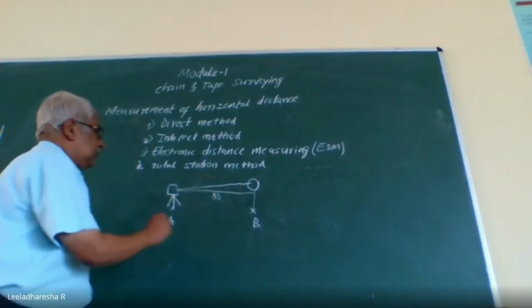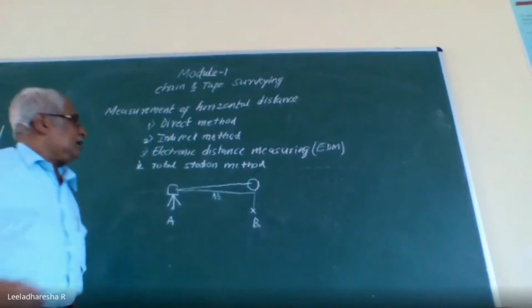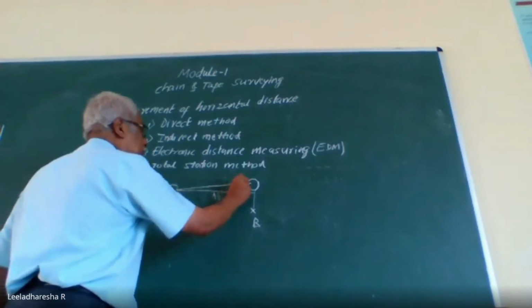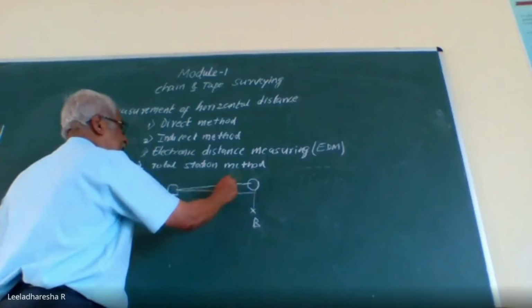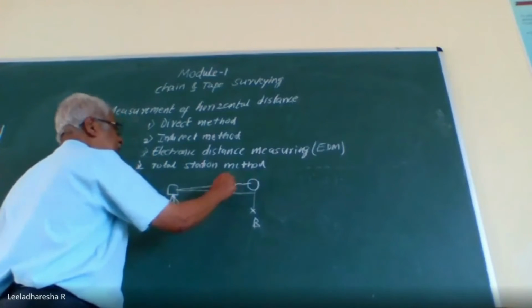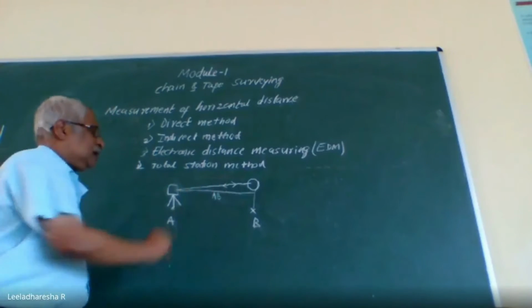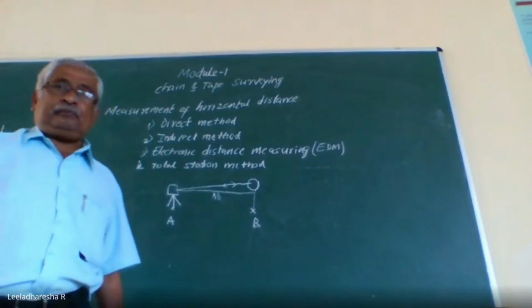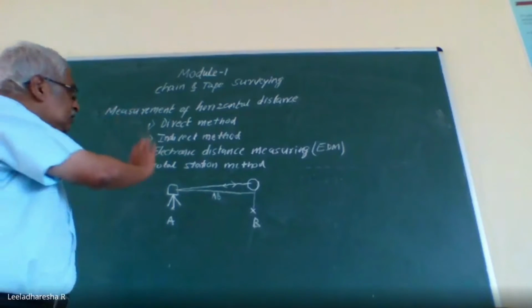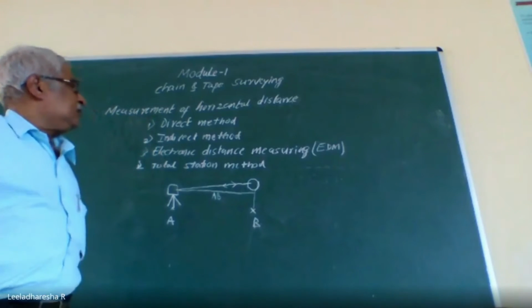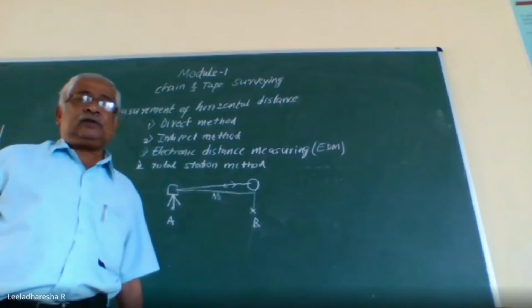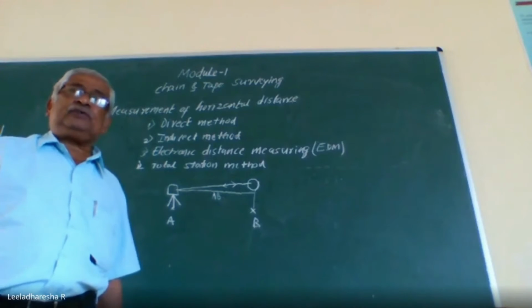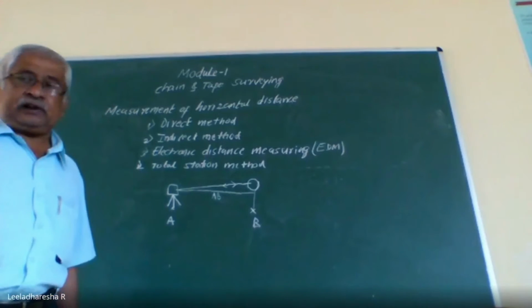So directly in total station, that is the main principle: it will go and hit the target and it will get reflected and come back to this particular total station or EDM. So these are the electronic instruments which are used nowadays very commonly to measure horizontal distance between 2 points in the field.